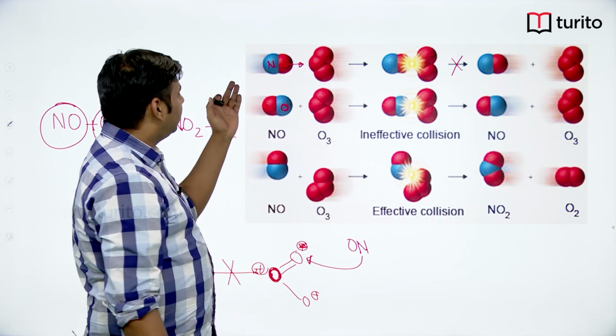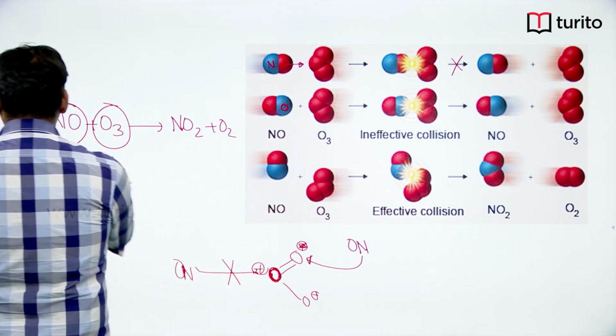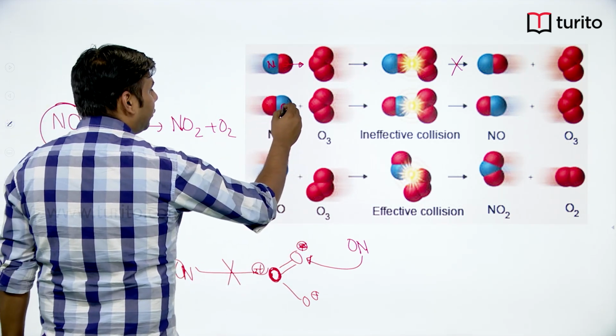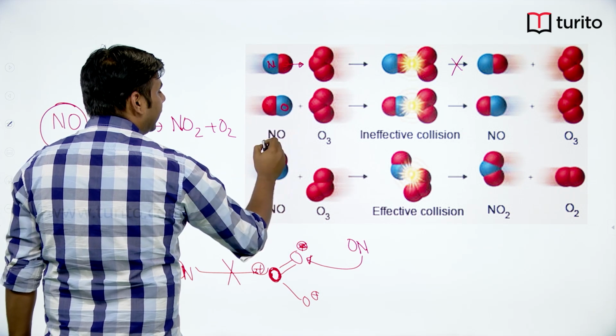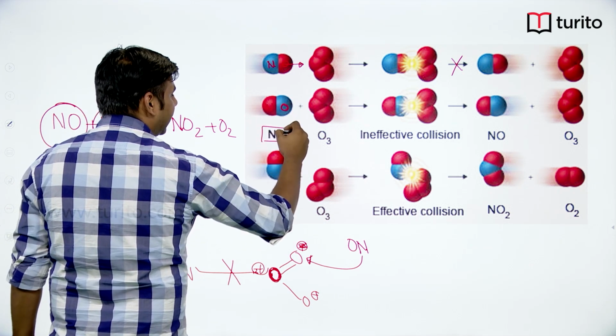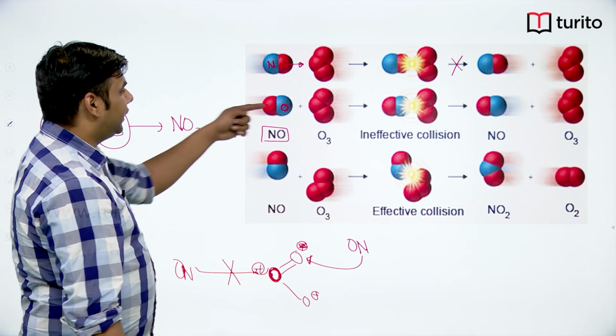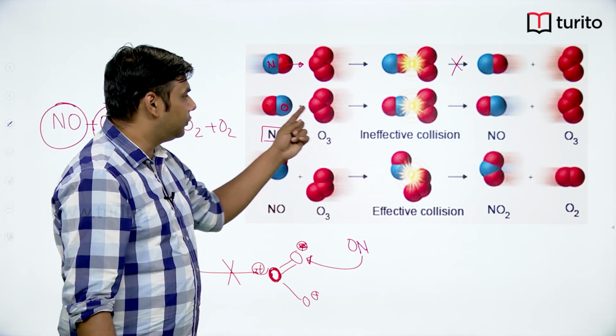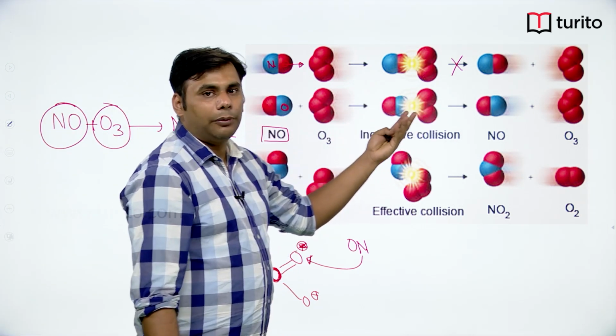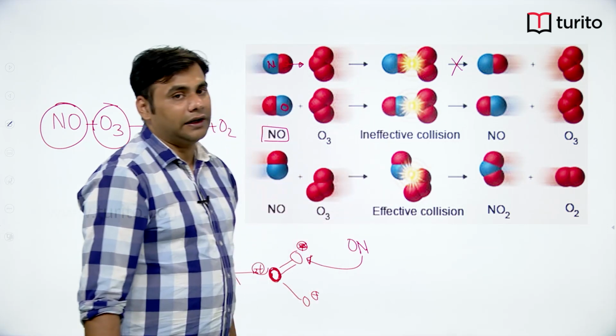Suppose the oxygen end of the NO molecule attacked the central oxygen of the ozone, again nothing would happen, and it was an ineffective collision.